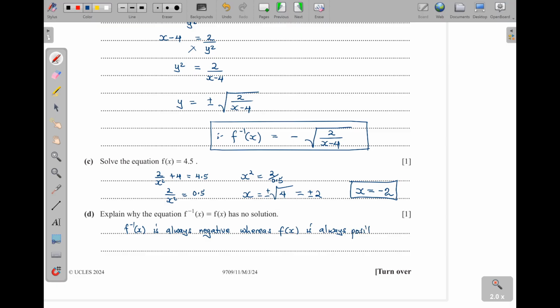As simple as that. Another person can actually say the two curves do not intersect. You could even write it like this: the two curves do not intersect. So, no solution. Very simple.